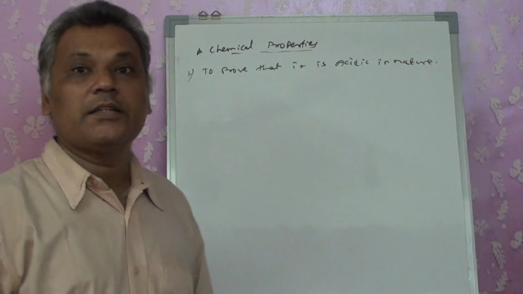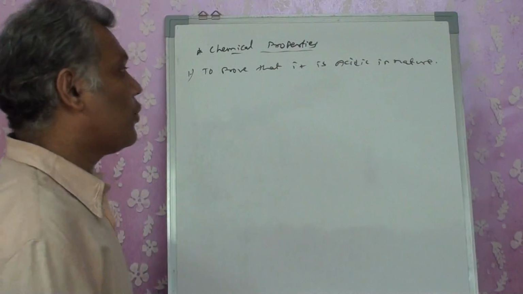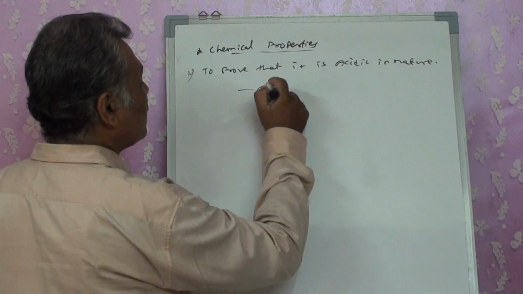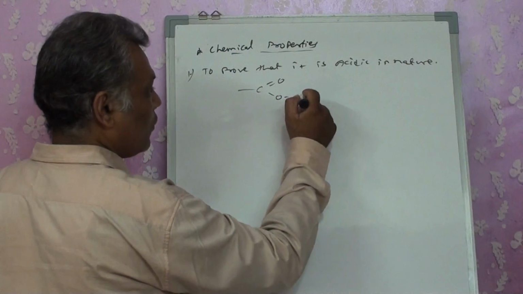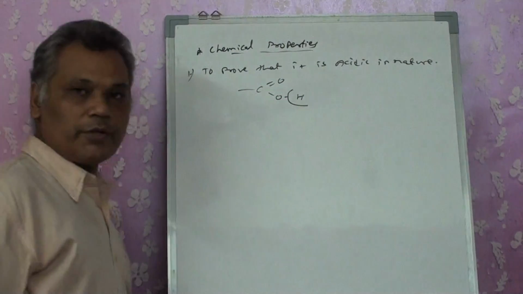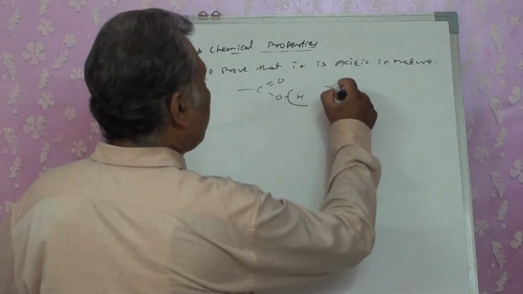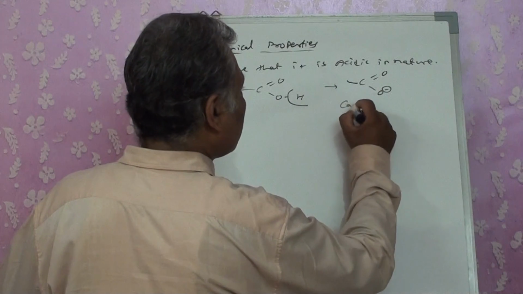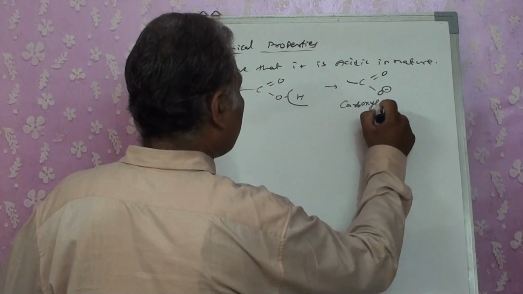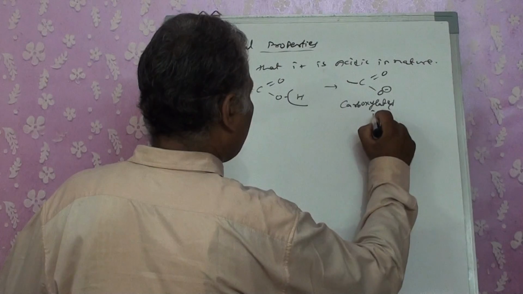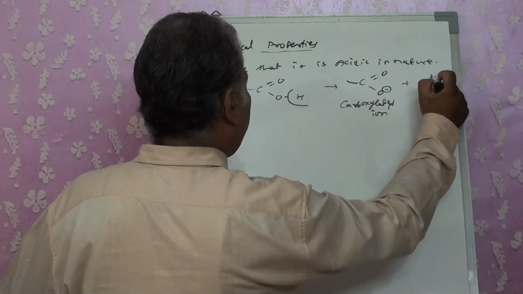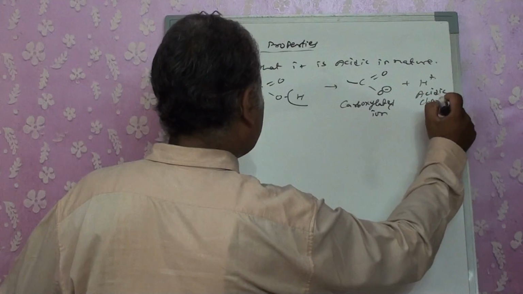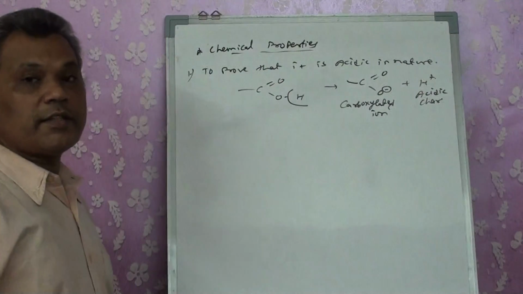That means there is a dissociation of only hydrogen from it, and it gets converted into carboxylate ion plus H plus, which proves the acidic character.